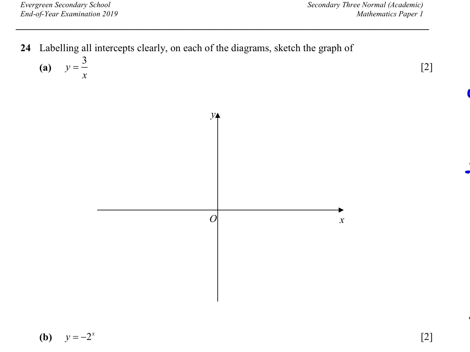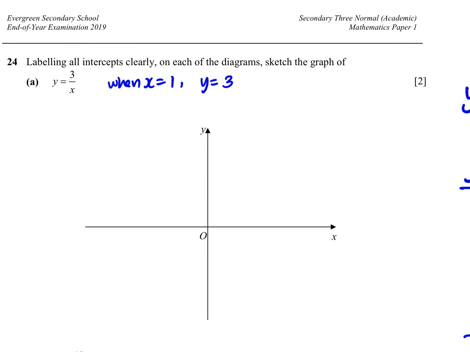You can cheat by plotting points. When x equals 1, y equals how much? Mental sum lah. 3, correct? Then roughly, secretly, you do this. x is 1, y is 3. 1 point. So you know roughly where your position is.